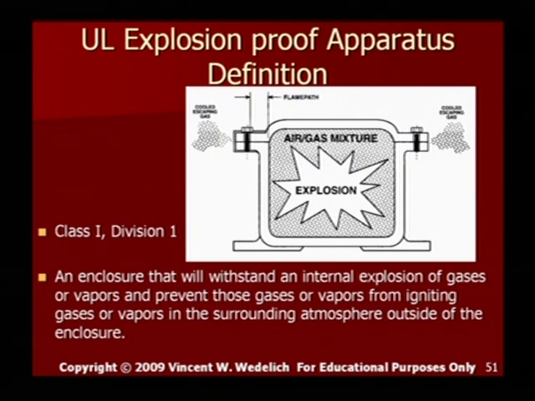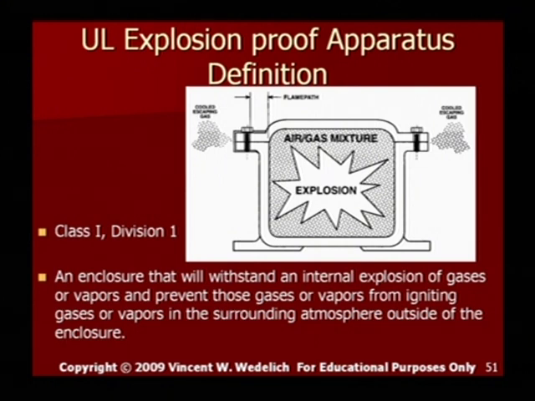And here a NEMA 7 box is an explosion-proof apparatus. It's suitable for a Class 1 Div 1 location, an enclosure that will withstand an internal explosion of gases or vapors and prevent those gases or vapors from igniting gases or vapors in the surrounding atmosphere outside of the enclosure. So we'll look at some pictures of those later, but that's what a NEMA 7 box does.